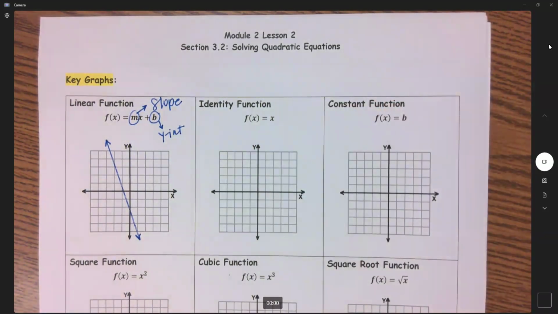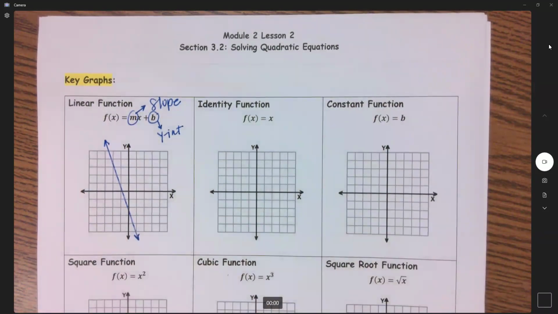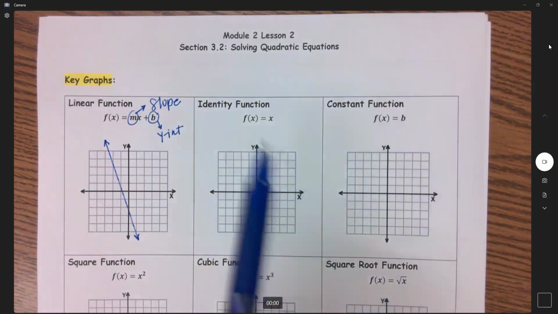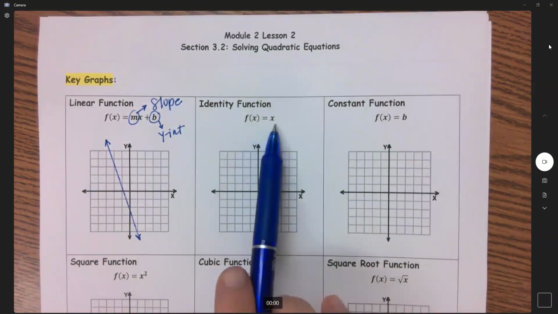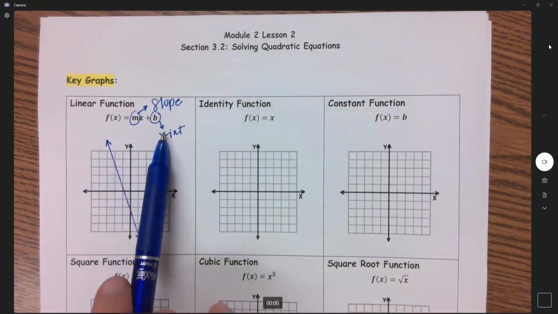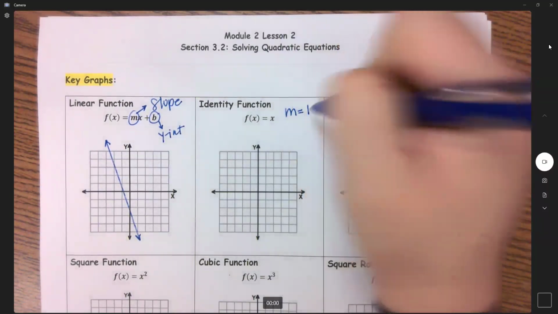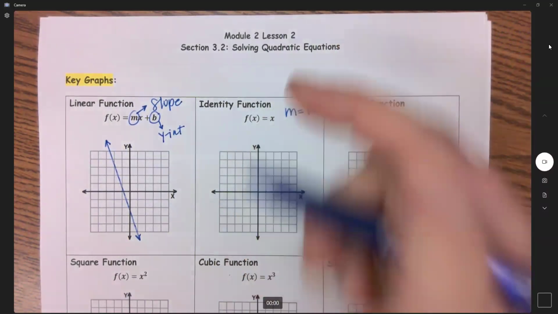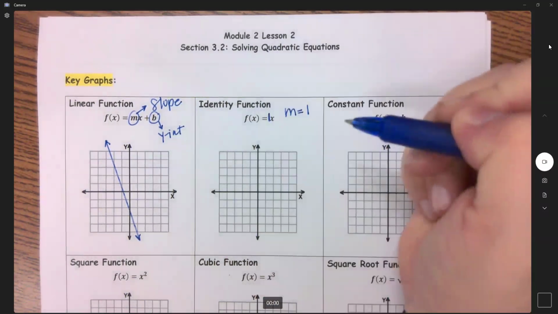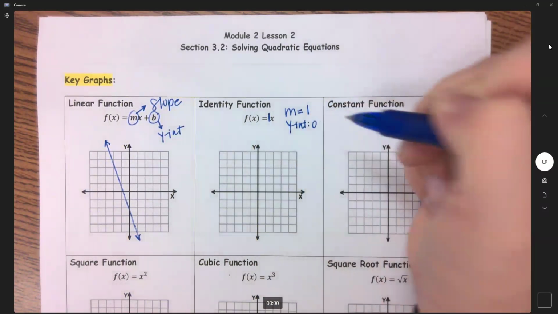So then we have identity and constant functions. And these are under that umbrella of a linear function, but they are a specific kind of function. Your identity function here is when you have f of x equals x. So if we're talking about slope and y-intercept here, this line has a slope of 1, since that's the same as 1x. And my y-intercept, or my b, is 0, right?